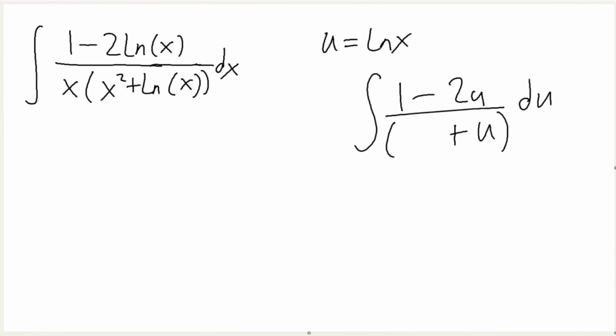Plus u, x squared, I mean, here that's e to the u is equal to x, right? So e to the 2u, right? And then we just integrate this. Is this any better? No. No, this is not any better.